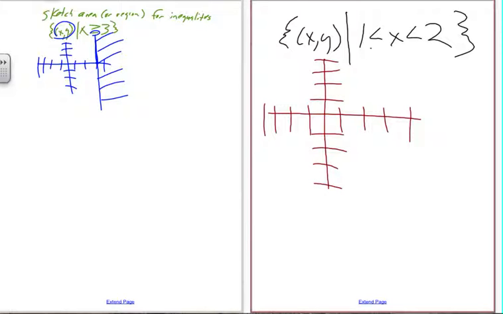So I come back over to x, but it's not equal, so this is going to be a dashed line, and that's x equals 1, and then I want x equals 2. Again, it's dashed, because they're not strictly equal, and I'm only interested in those x values between them. So the only area I shade in is between those two numbers.